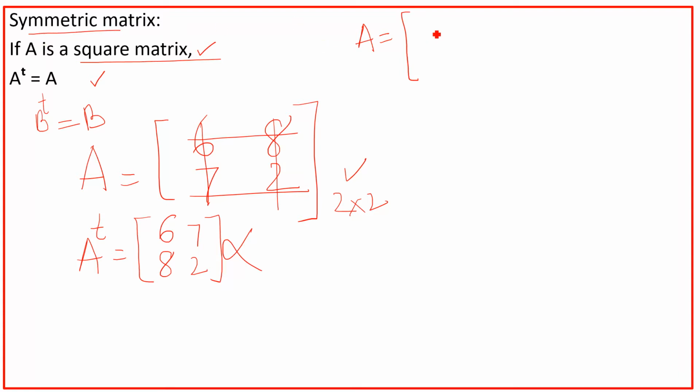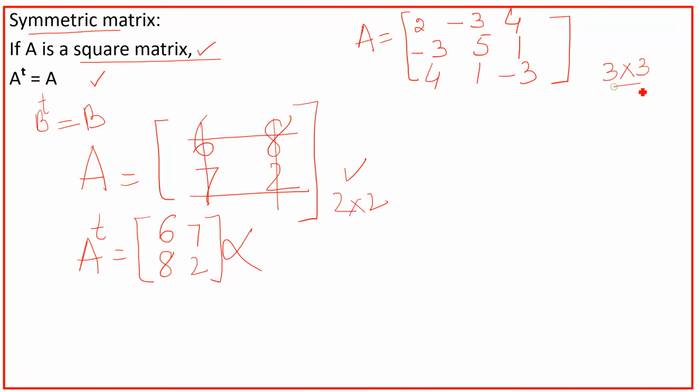So suppose this is A, and here I will write 2, minus 3, 4, and minus 3, 5, 1, 4, 1, and minus 3. If someone asks you whether the matrix A is a symmetric matrix or not, first of all you have to see whether this matrix satisfies the first condition: 1, 2, 3, 1, 2, 3. The dimension is 3 by 3.